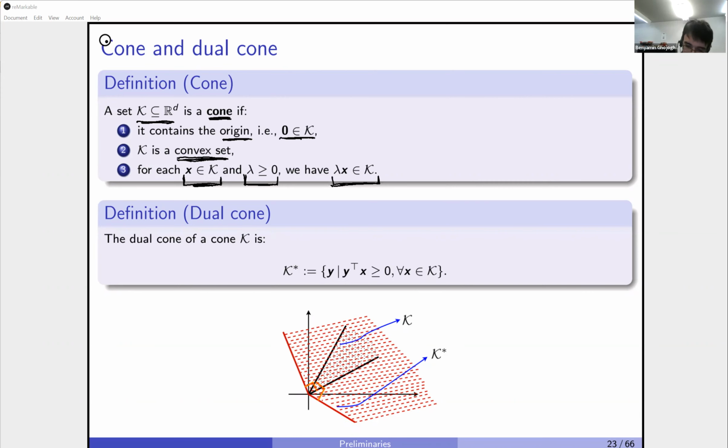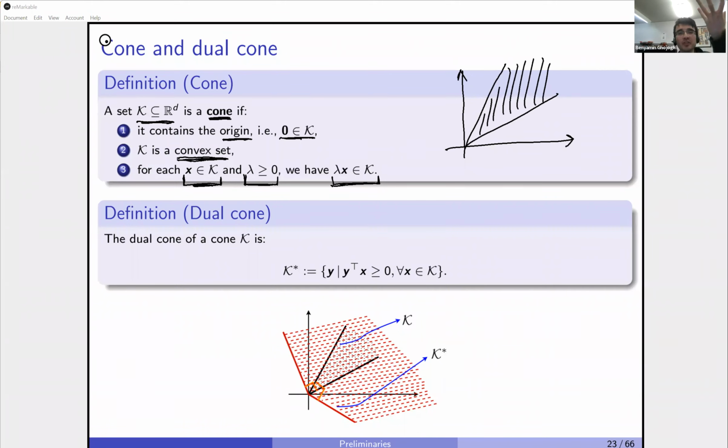And what does this mean? Assume this is an example cone. A cone is similar in shape to the cone of an ice cream, right? But it might have different angles. So this is angle alpha.